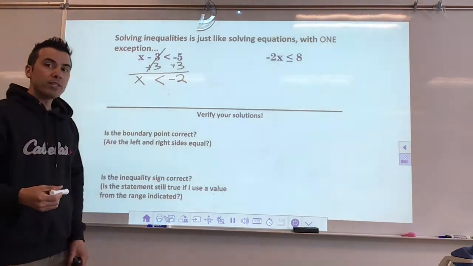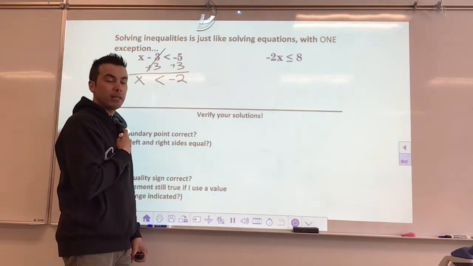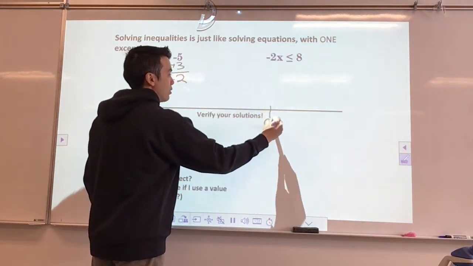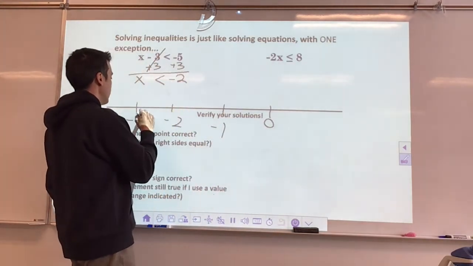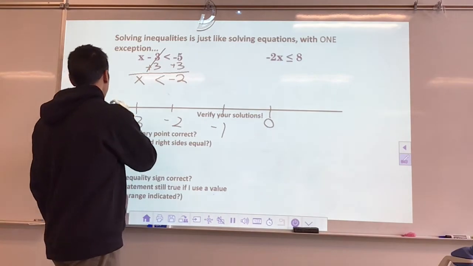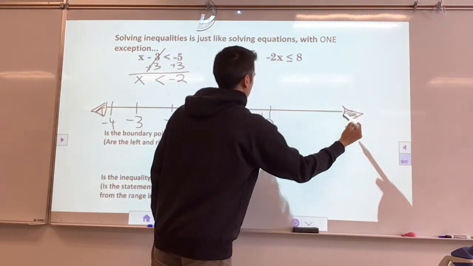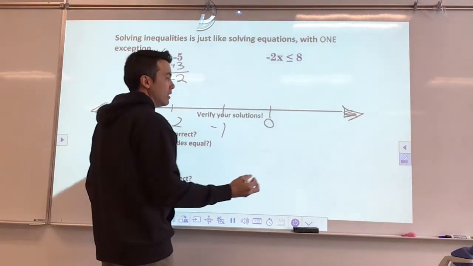If I was to put this on a number line, I have 0, -1, -2, -3, -4. What this is saying is that x is less than -2.